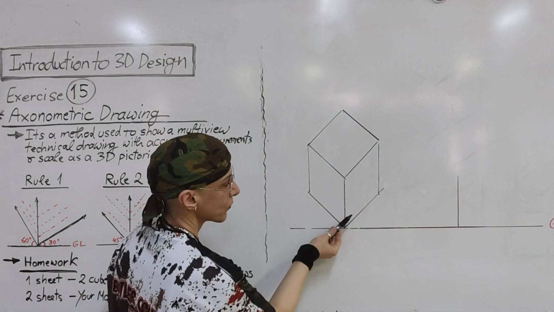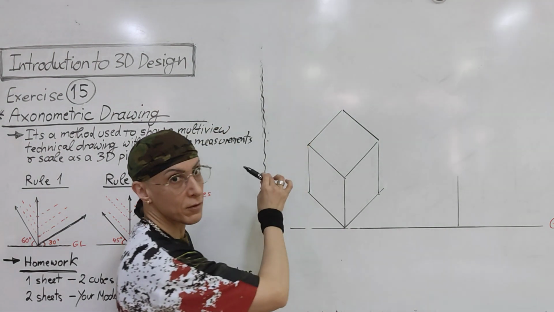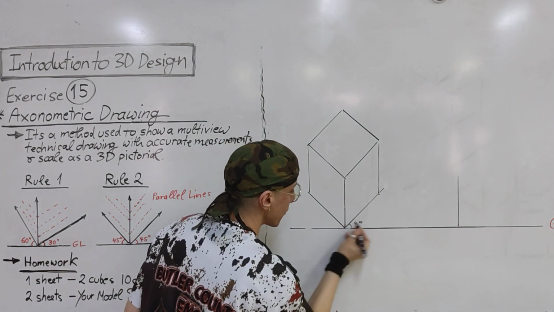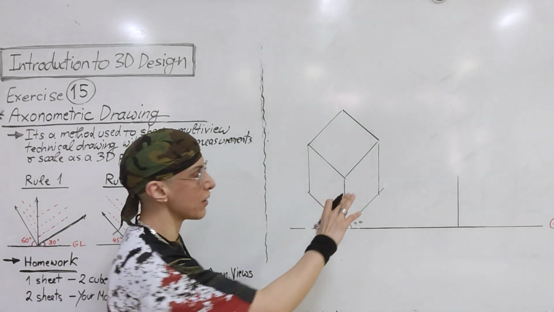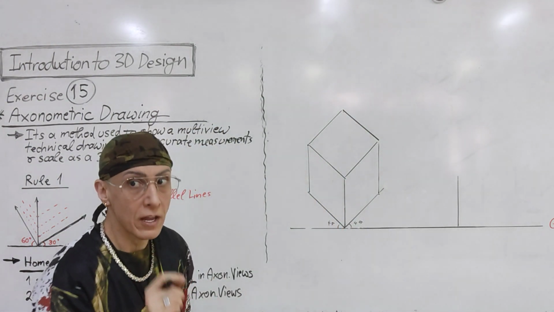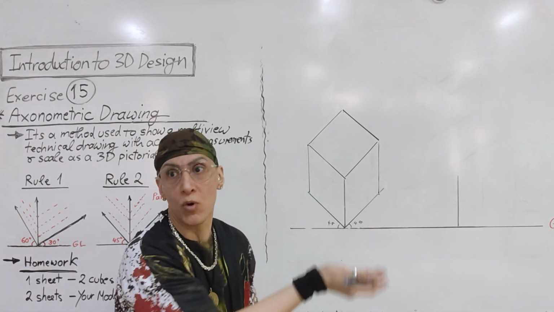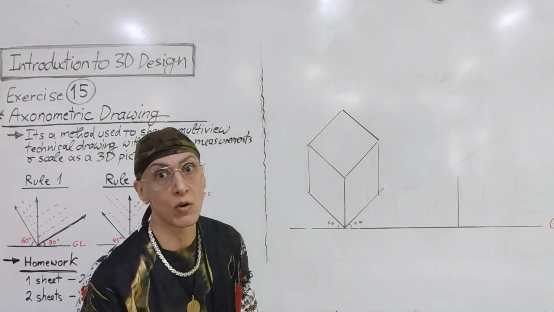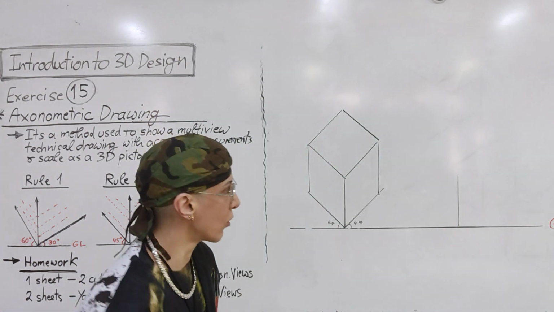So all the lines from this axis are parallel, and all the lines from this side are parallel at 45 degrees, okay? It's 45. Because this is a 10 by 10 cube, any line that I measure should be 10 centimeters. If you measure and it's less or more than 10, it means you made a mistake somewhere. Either the lines are not parallel or the measurements are wrong.